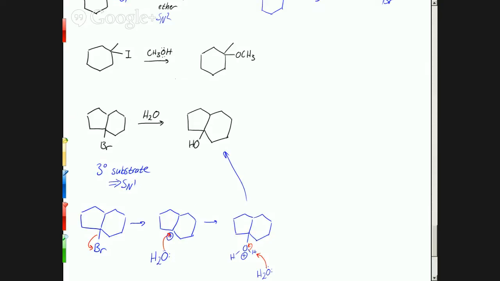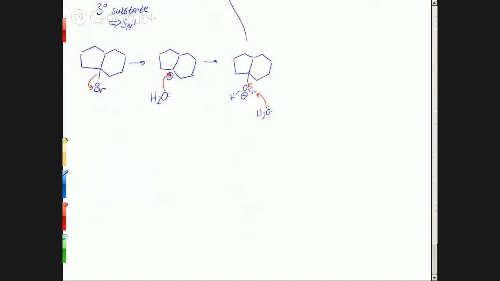All right. Okay, with our last 5 minutes, let's look at what happens when it's more in the middle. So we're going to take this chiral substrate, 2-chlorobutane, but this is a chiral 2-chlorobutane.